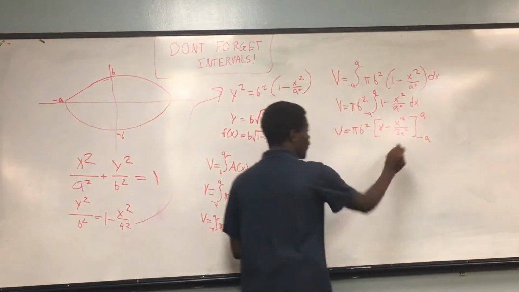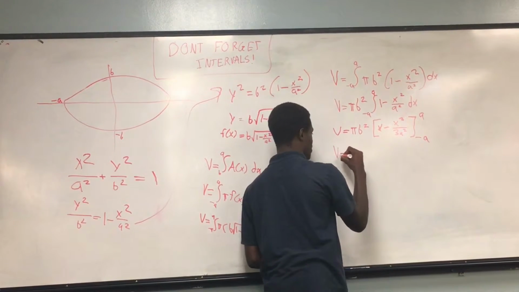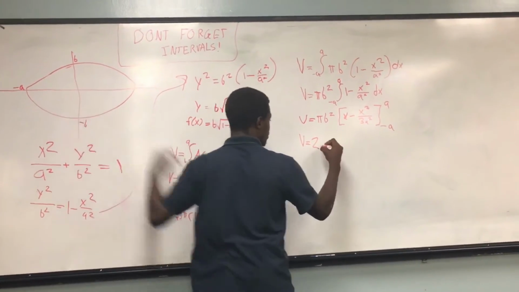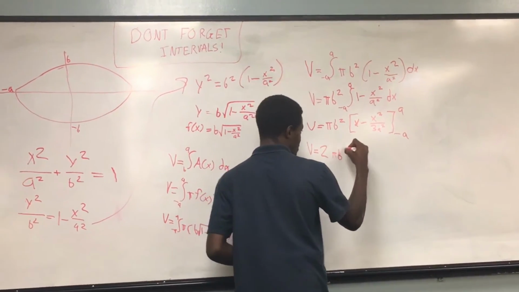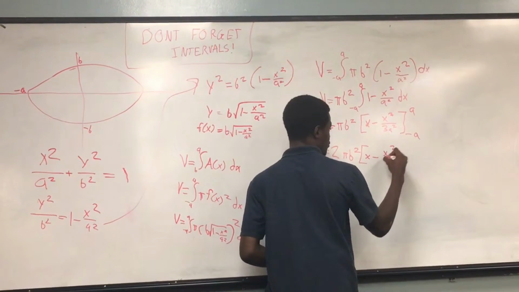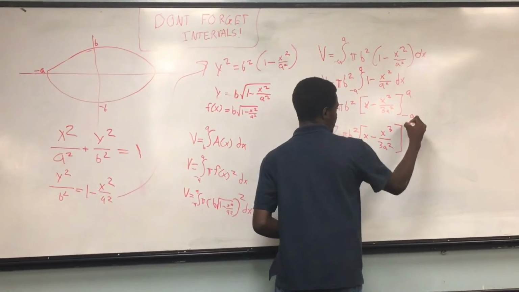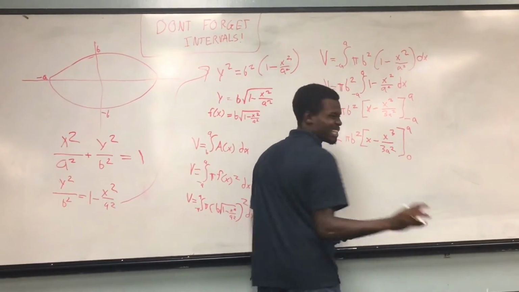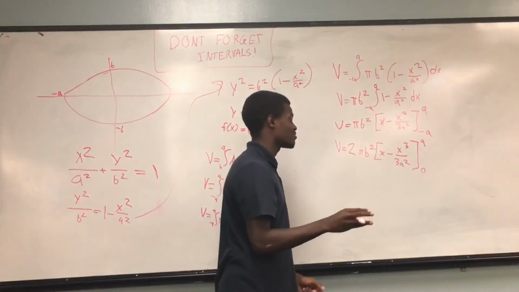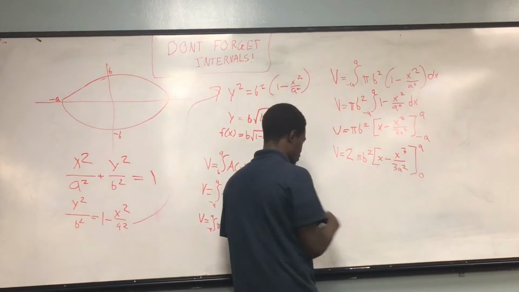So I'm going to write it like this: V equal to 2, because that's what I'm multiplying both parts by, 2 pi b squared, x minus x cubed over 3a squared from a to 0. It's simpler to solve from a to 0. They're going to give us the same answer. It's simpler because this 0 will make, you'll see.